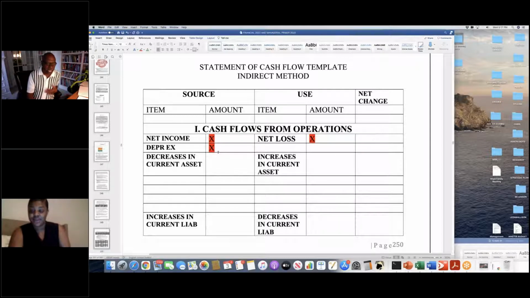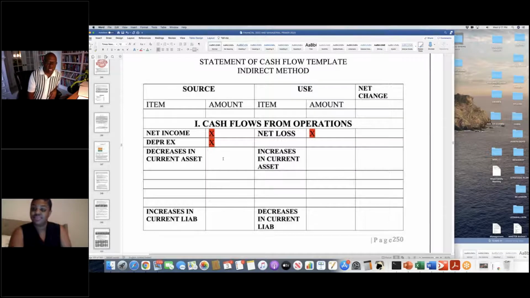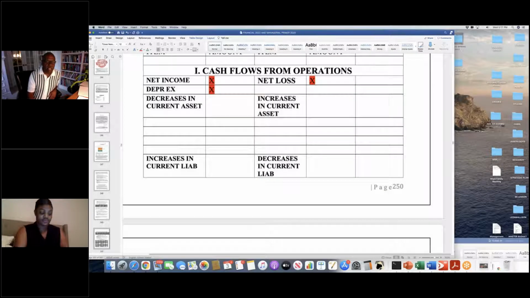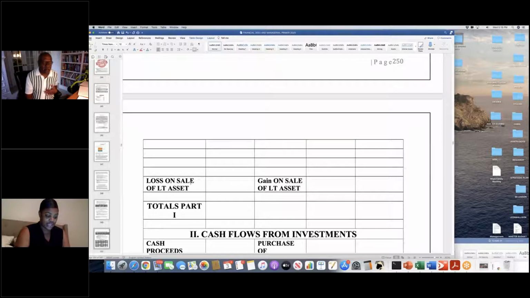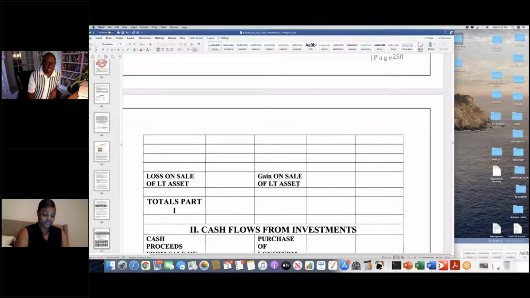Depreciation is not a cash item, it is here. Decreases in a current asset are here, increases are over here. Then our increase in current liabilities and decreases in current liabilities, then we take out loss on the sale of a long-term asset or gain on the sale of assets, and we come to the total for part 1.